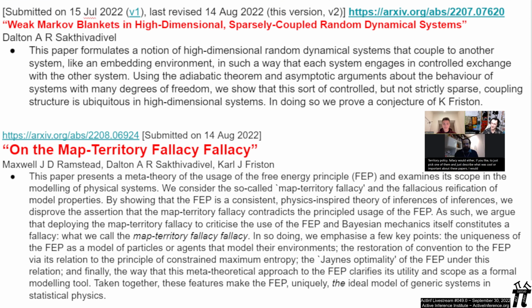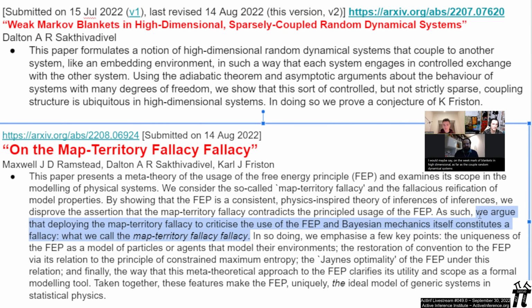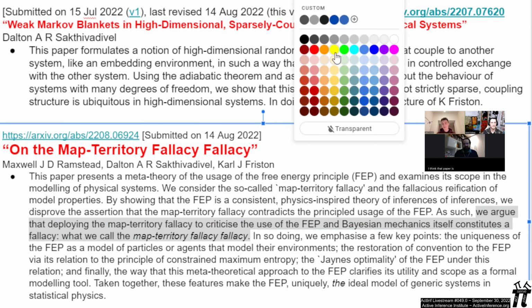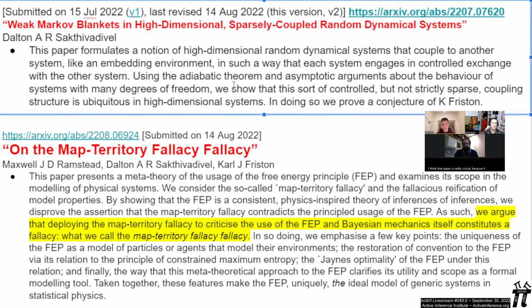I would maybe say on the weak Markov blankets in high-dimensional sparsely coupled random dynamical systems, I think that paper is really crucial because it does unpack a lot of uncertainty that many people might have had with the FEP before, especially the sparse coupling conjecture that finally received a formal proof.